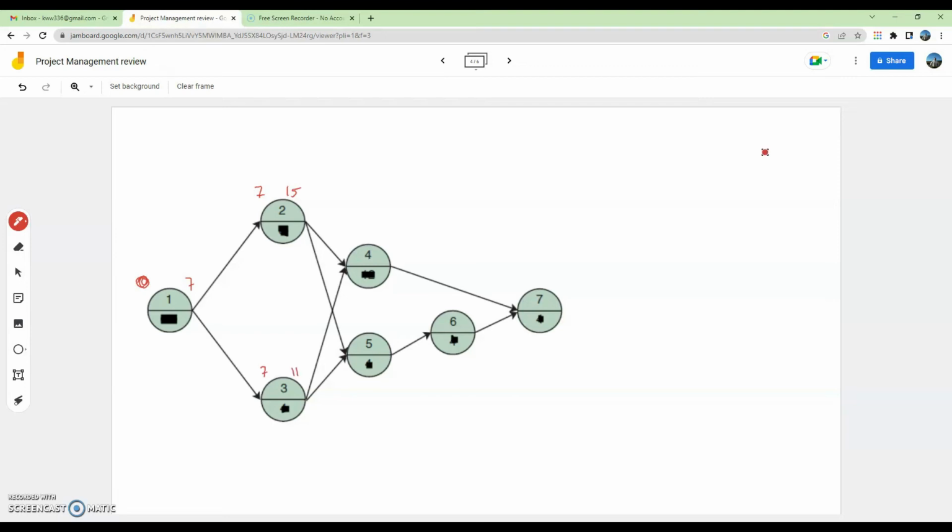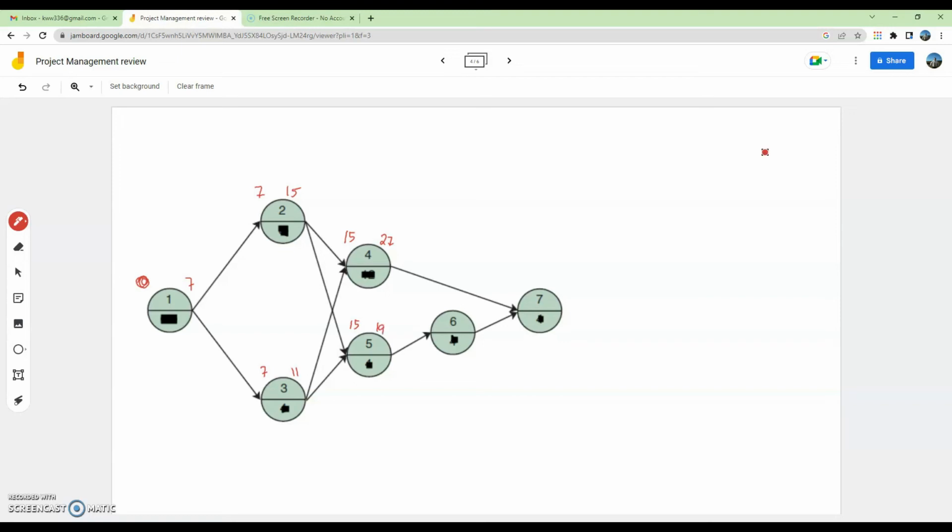Just looking at the normal times here, activity 4 has to wait until activity 2 is finished because it's the longest activity, and that's going to go 12. Activity 5 also has to wait until activity 2 is finished because activity 3 is already finished by that time. 5 takes 4 weeks, that's 19.